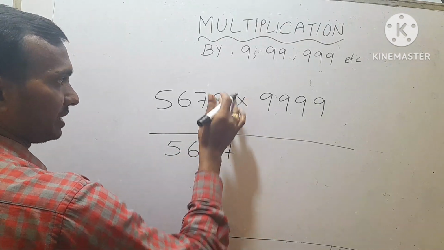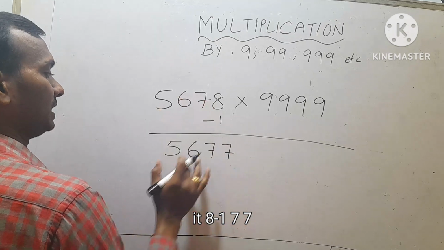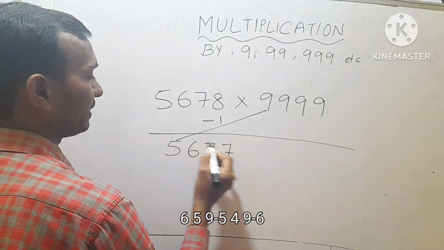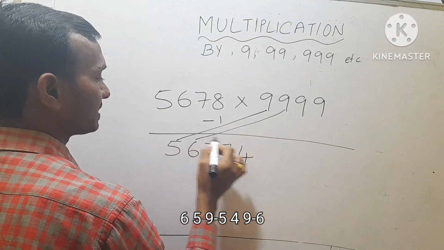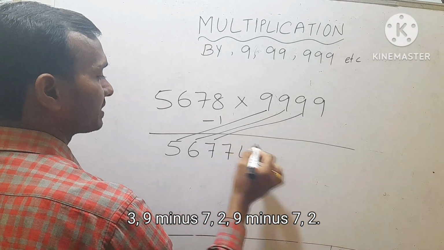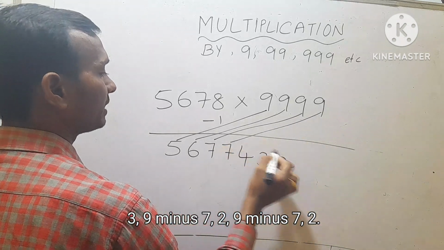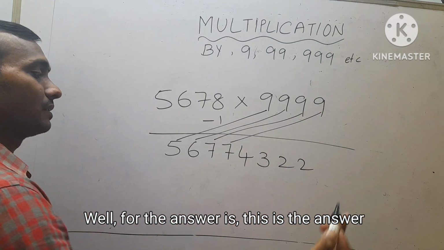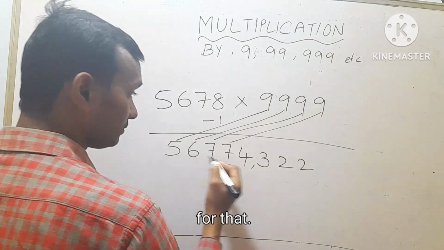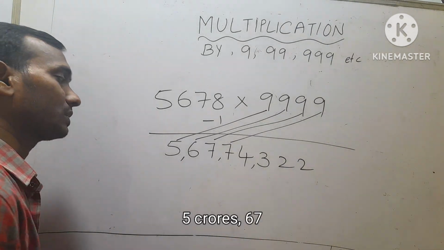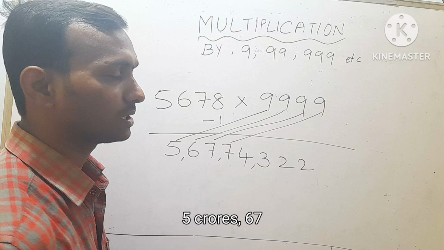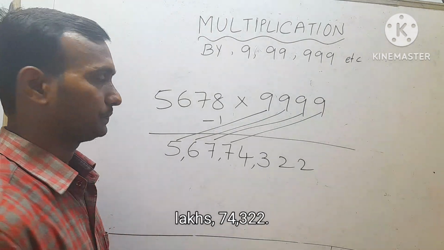If you subtract 1 from it, 8 minus 1, 7. 7, 6, 5. 9 minus 5, 4. 9 minus 6, 3. 9 minus 7, 2. 9 minus 7, 2. Therefore, this is the answer for that: 5 crores 67 lakhs 74,322.